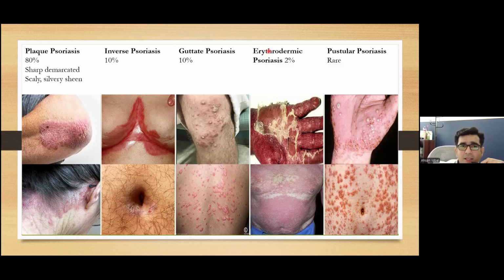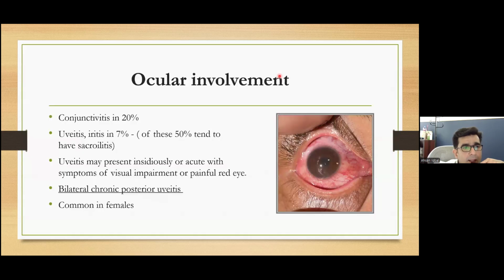And then there's the pustular psoriasis, which usually affects the palms and the bases of the feet with small pustules. Ocular involvement, conjunctivitis in about 20% of the patients. And then in about 70% of the patients, they can have iritis. The most common ocular presentation that we see in the form of iritis is bilateral chronic posterior uveitis.